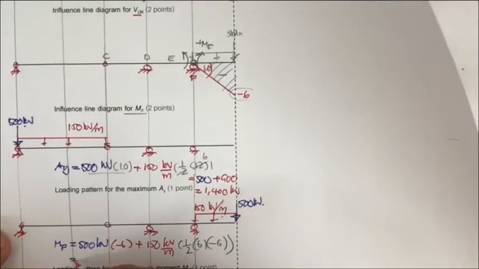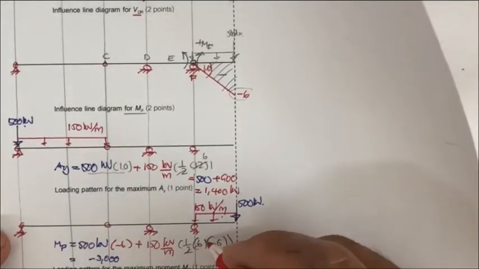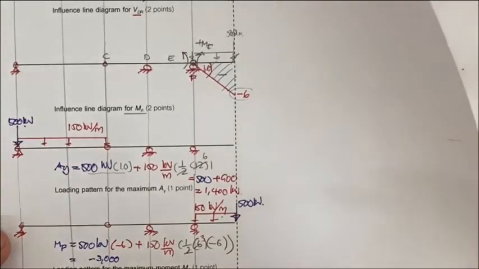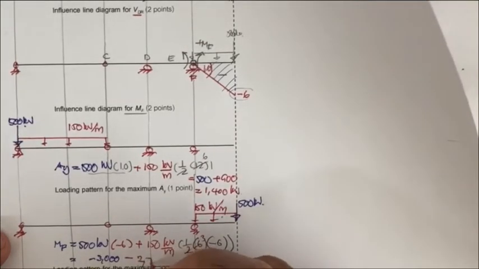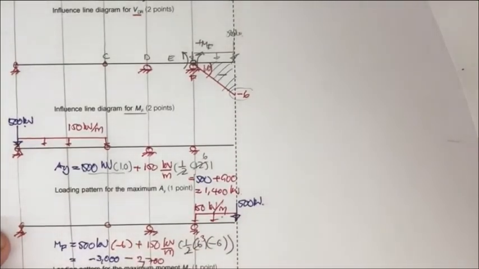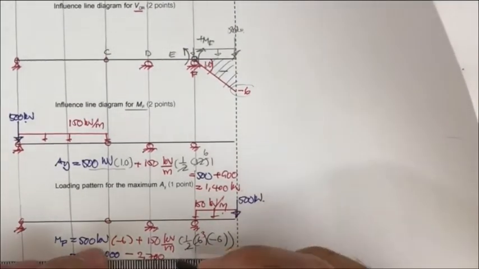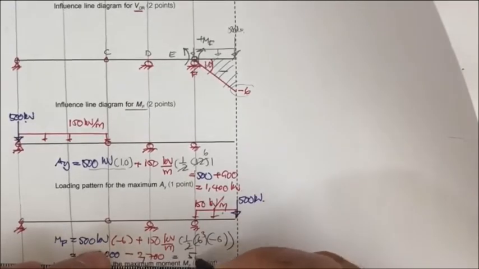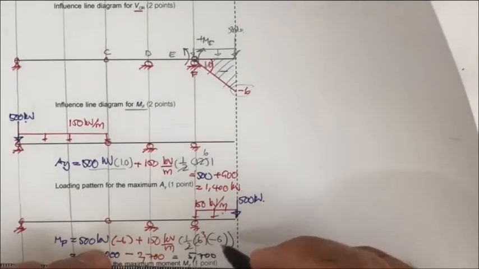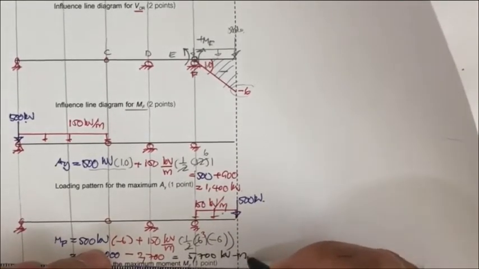This is going to be minus 3,000, and this one is 3, and this is minus 2,700, and finally we get 5,700 kilonewton meter.